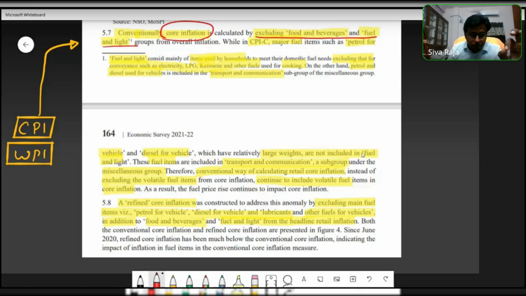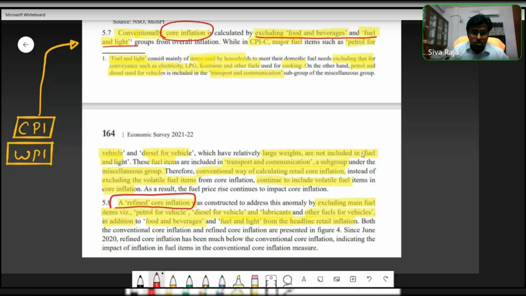But the point is that in this economic survey they have defined one more thing, the refined core inflation. One is core inflation. The economic survey has defined one more term, called refined core inflation. What is this refined core inflation? I will tell you this.